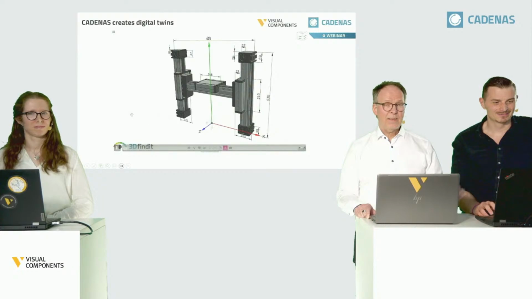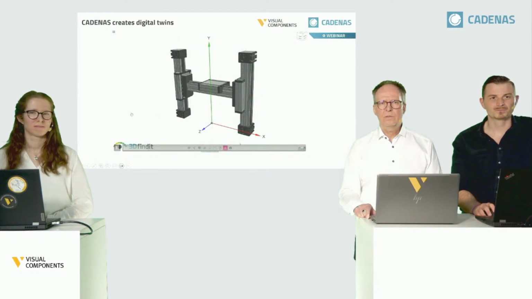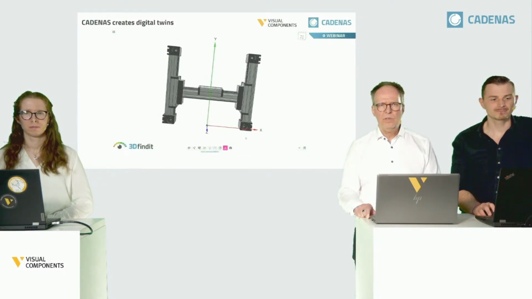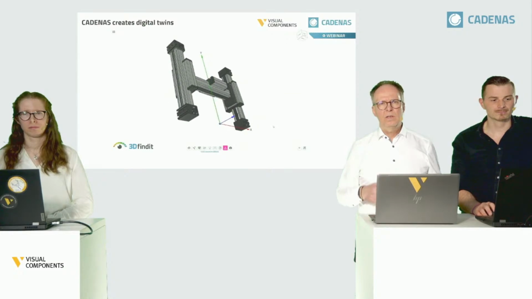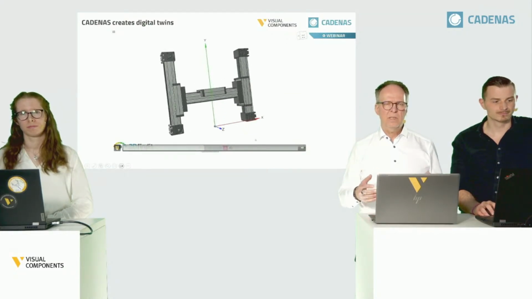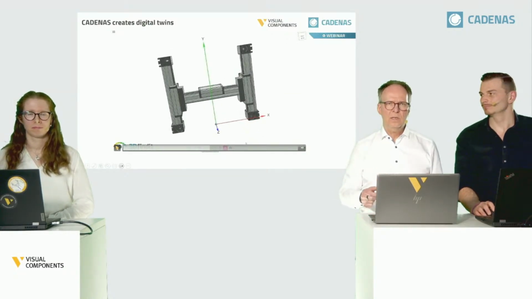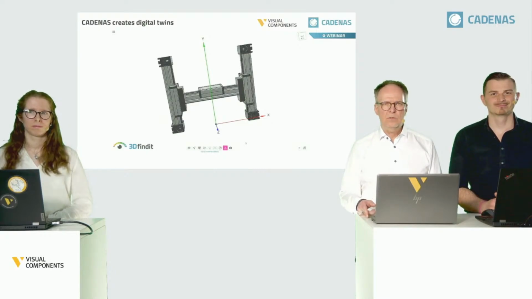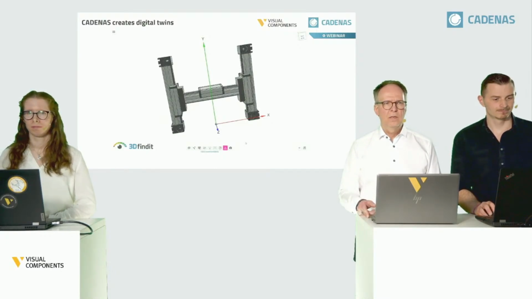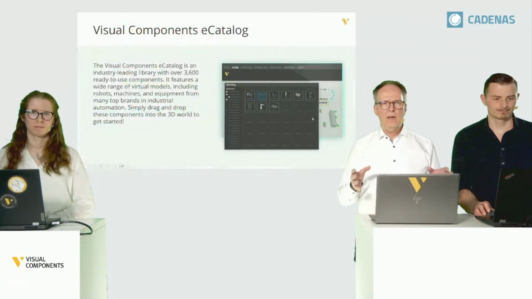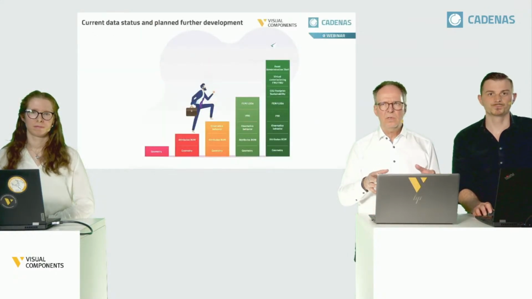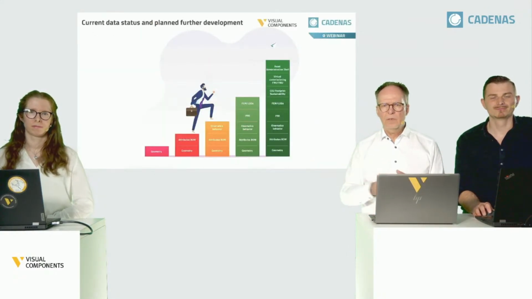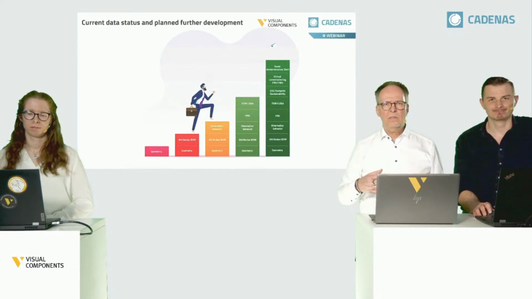Yes, as Wolfgang showed, not now, but we are working on a next step where we also bring kinematics, which is included in CADENAS products, into the Visual Components catalog. But right now we have a static import, and after a minute we will show you what it looks like when we add kinematics to these static components.